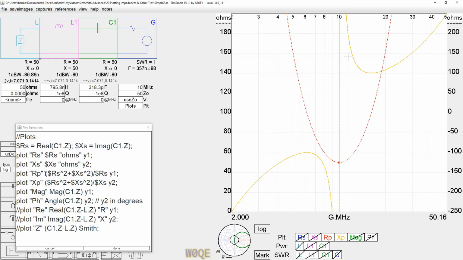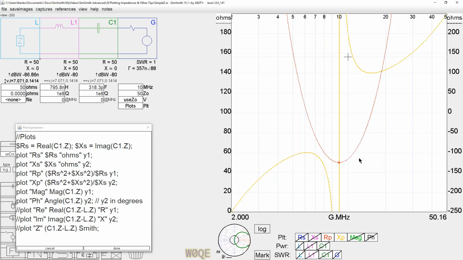I think they're in the antenna book too. They're very common, and we've chosen to plot the real part on axis Y1, the imaginary part on axis Y2, just like we did before for the RS plus JXS.